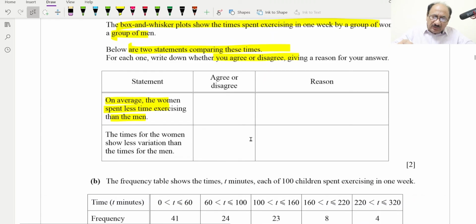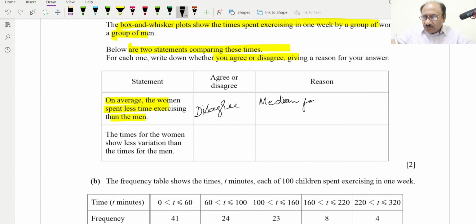So we will disagree. We will write here disagree, and the reason will be median for women greater than men.